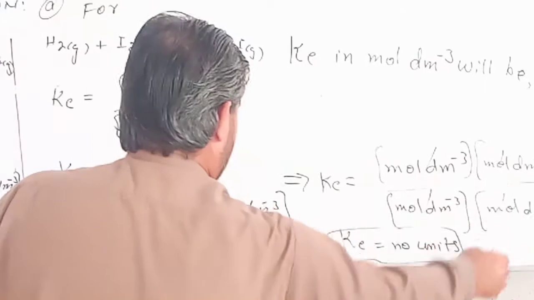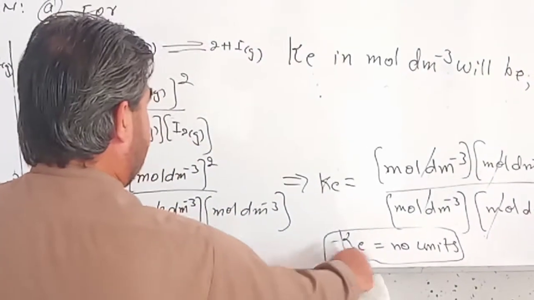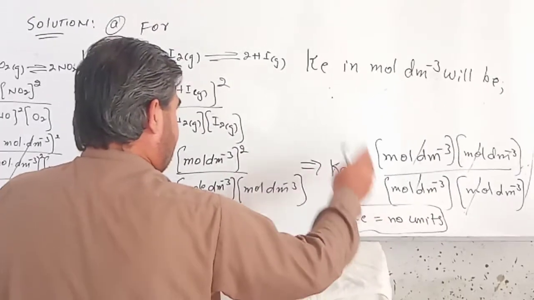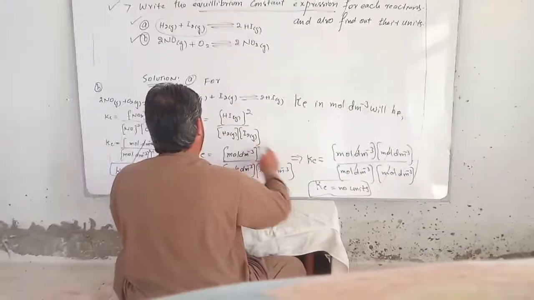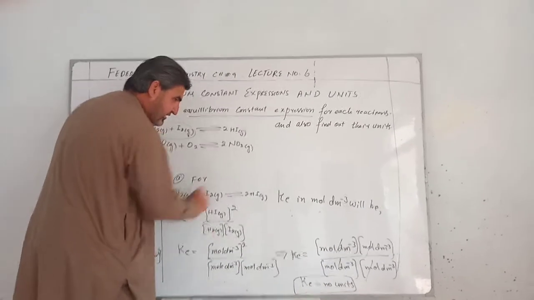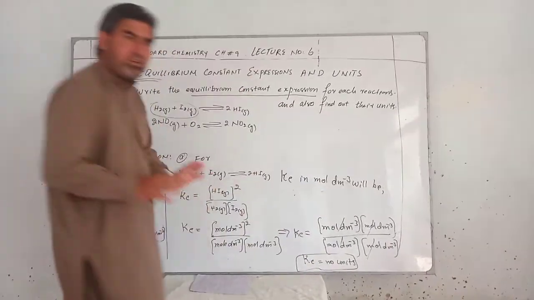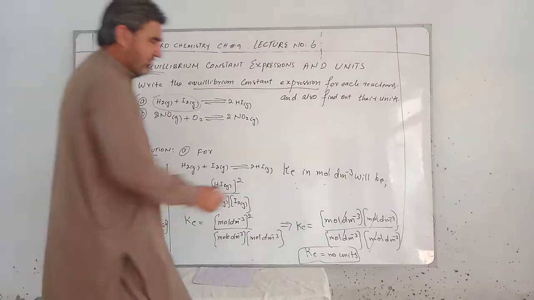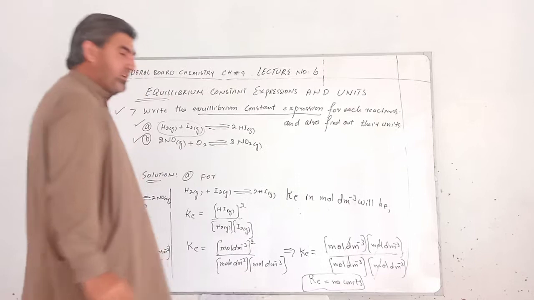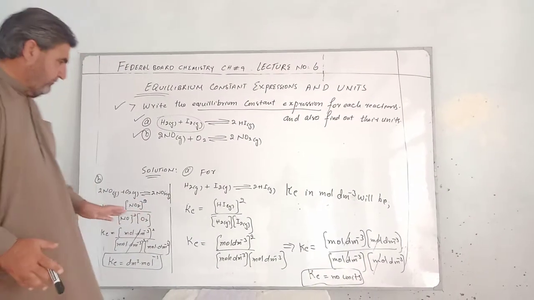So they cancel with one another, and Kc has no unit for this reaction, because all the units in the numerator and the denominator cancel with each other.